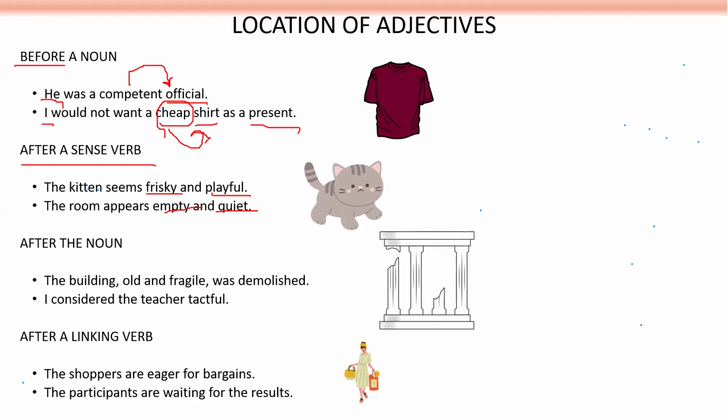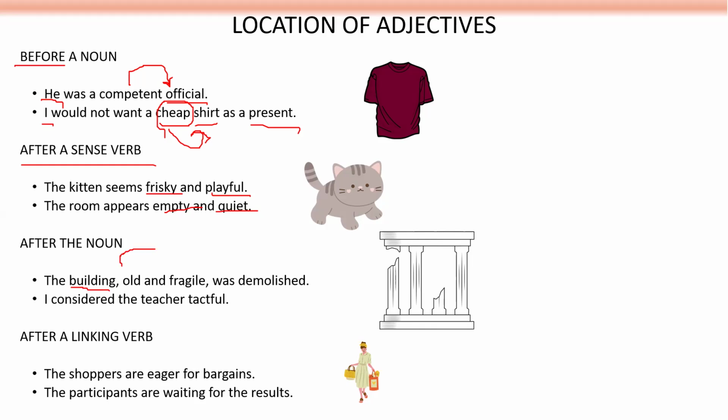The other rule is you can find the adjective after the noun. All right? So, kung dito before the noun, dito naman after the noun. Okay? The building. This is the noun, the building. Old and fragile was demolished.